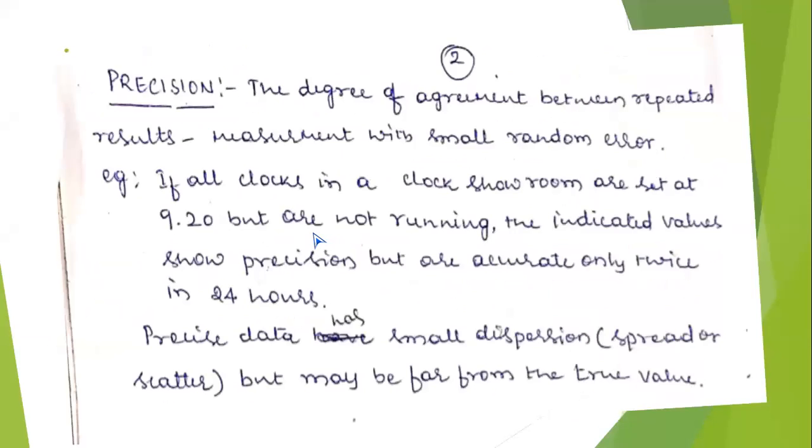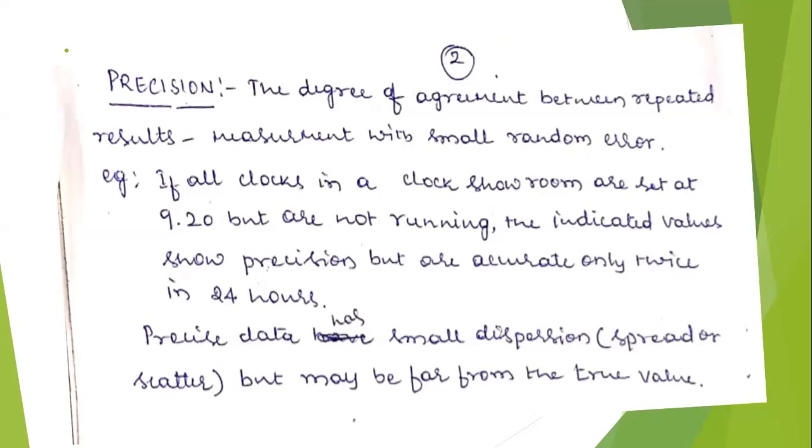Next, come to the point, precision. Precision is very, very important for mechanical engineers. Precision is when you measure the same component many times within the limits. For example, in our laboratory or in our machine shop, precision is very important.